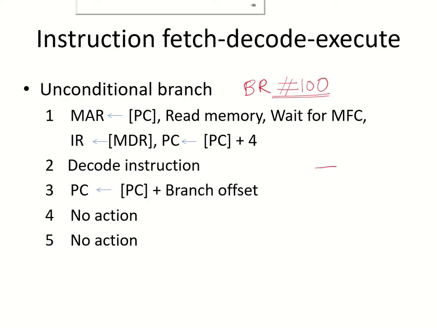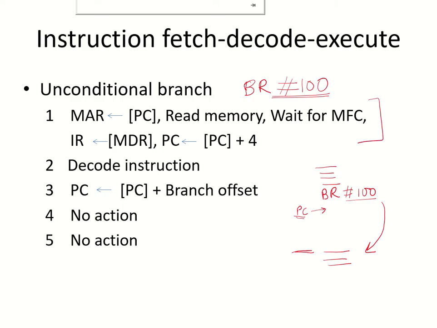So if this is the program that is running and we have a branch offset 100 over here, this 100 will be added to the contents of the program counter, since the program counter is already pointing to the next instruction, and the target address where the instruction has to be fetched from now will be generated.